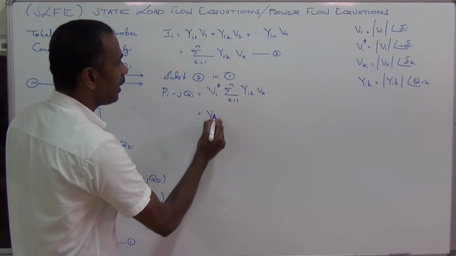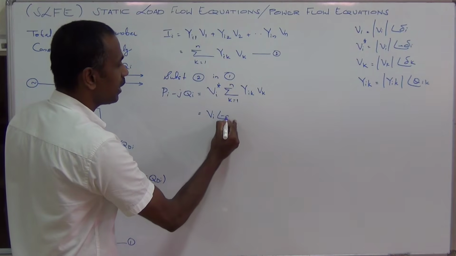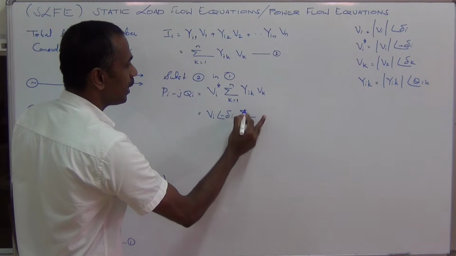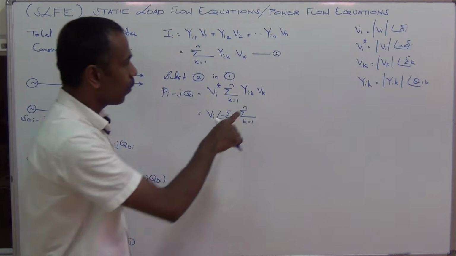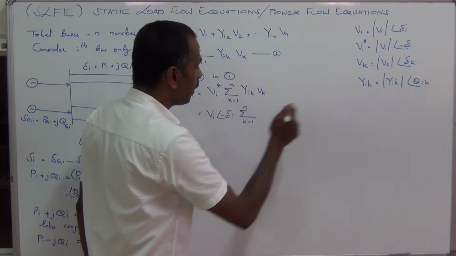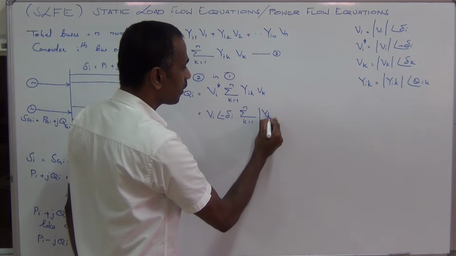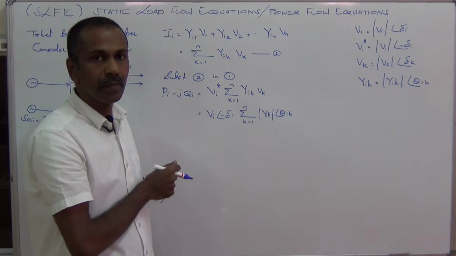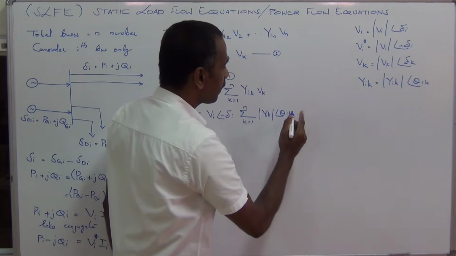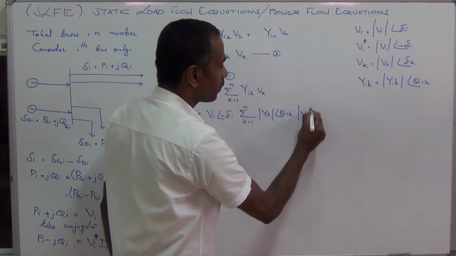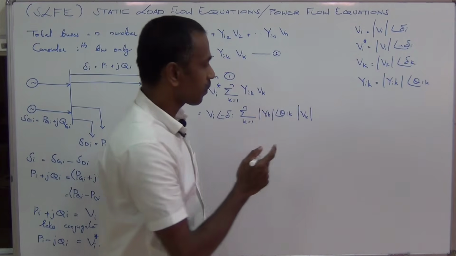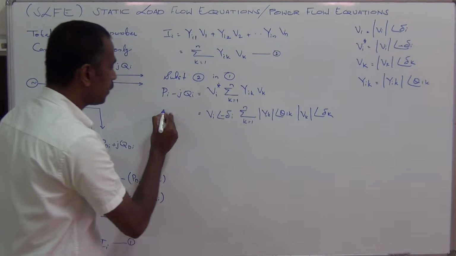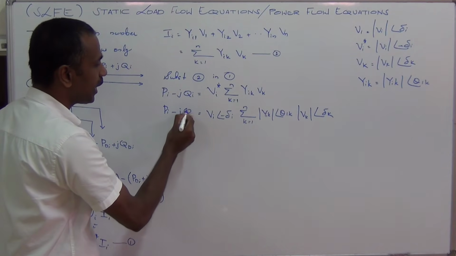So this is Vi angle minus delta i, sigma k equals 1 to n, Yik angle theta ik, Vk, the magnitude or modulus Vk, angle delta k. So this is Pi minus jQi.